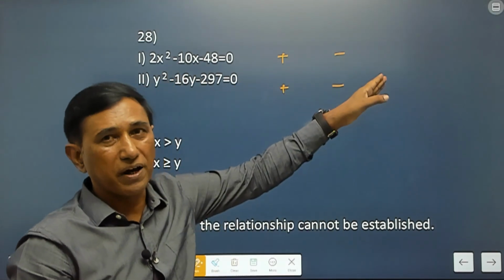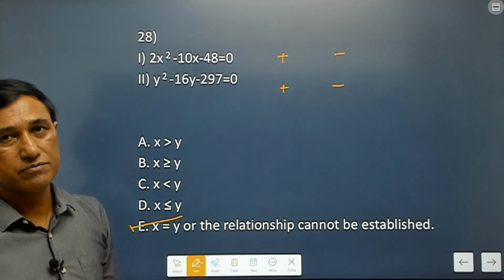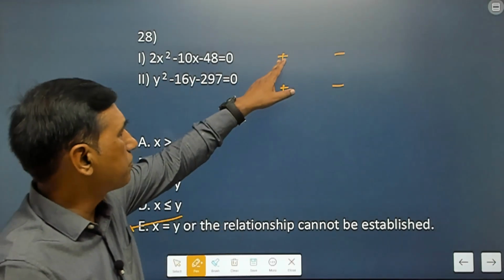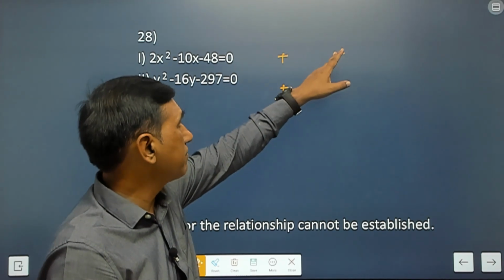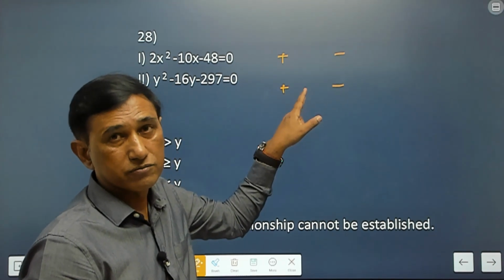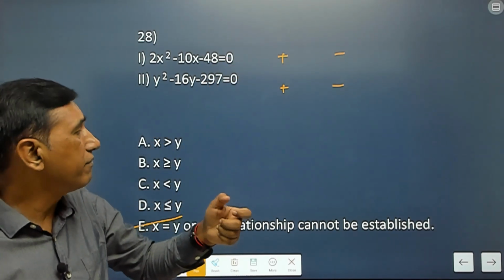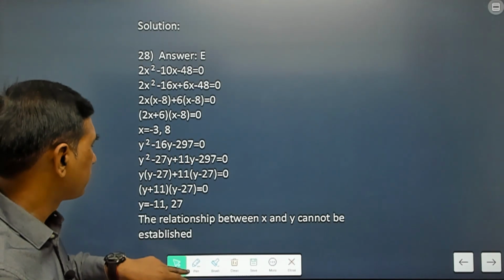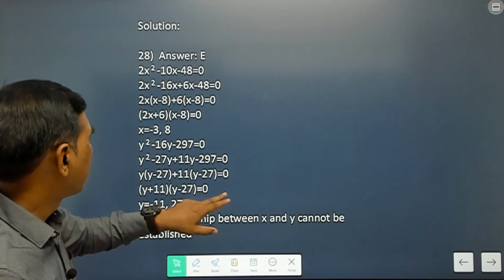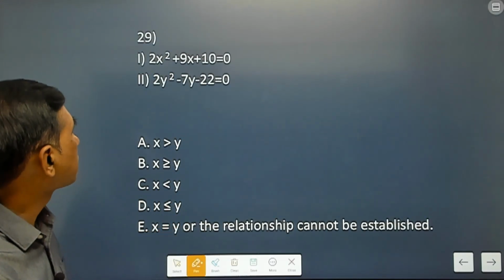When you have plus minus in both, relation can't be established. Because when it is plus, it is greater than this. When it is minus, this one is bigger. So when both have positive and negative, relationship can't be established. There is no need to find out the root. This is basically sheer wastage of time.